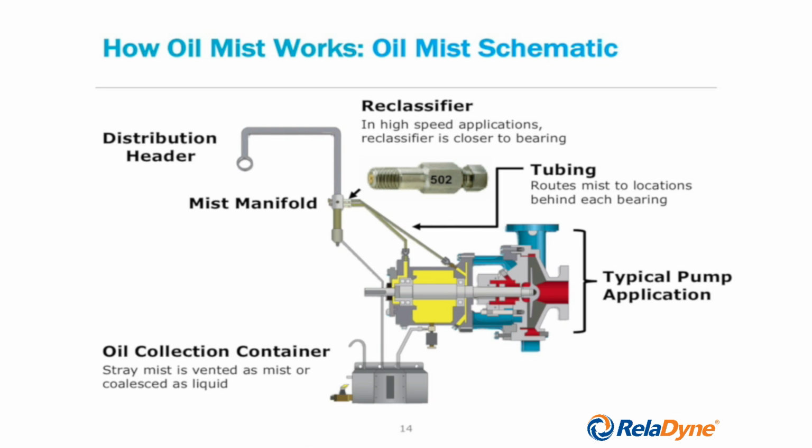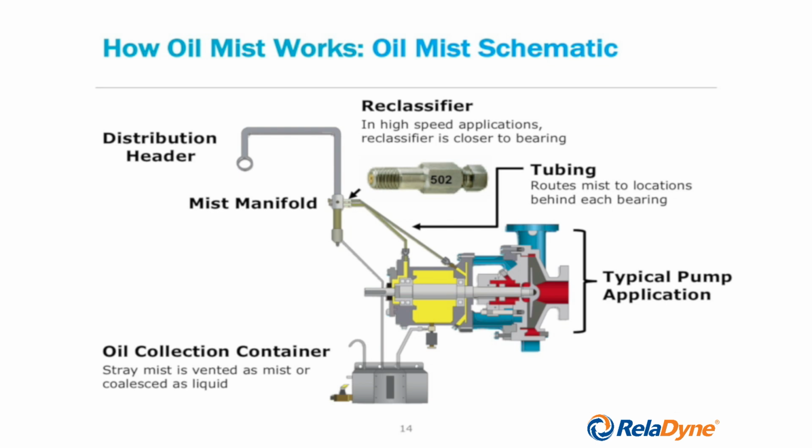These tubes are then leading to the front bearing of a pump or of an electric motor and to the rear bearing. So the tubing, as we say here, routes the mist to locations behind each bearing. We will see that in another slide, just to make sure that we see the exact details.